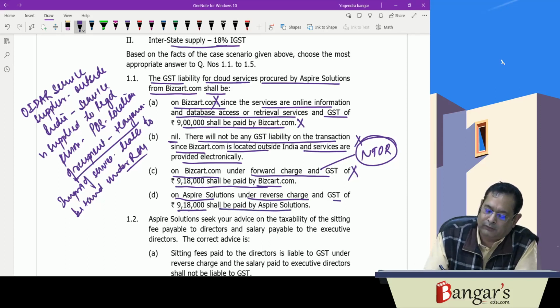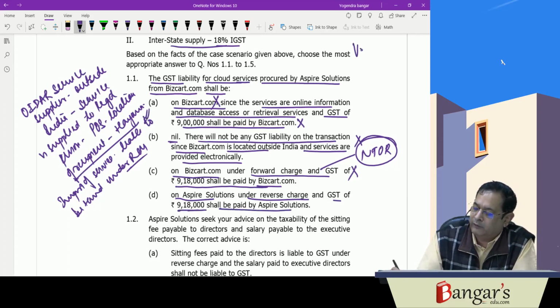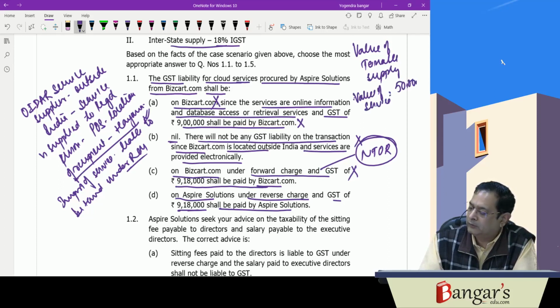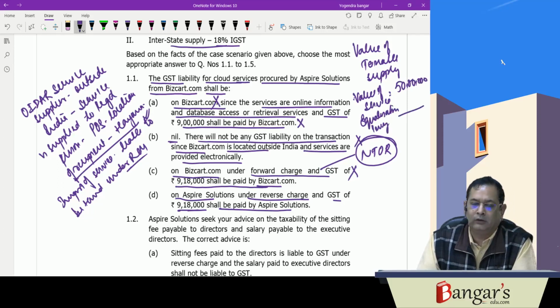Now we have discussed that it will be on Aspire Solutions. What will be the value of taxable supply? The value of services is how much? It is 50 lakh rupees. Equalization levy is also charged. It is not a GST, so that will also be included in the value of supply, 1 lakh rupees.